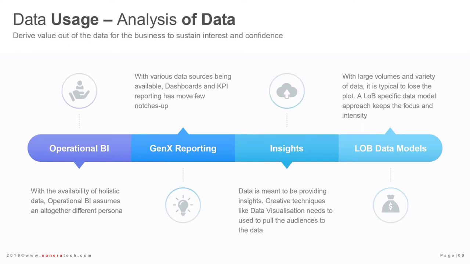The first one is operational BI. What is operational BI? If you see, I have to make certain decisions in order to do my job, which happens as you go through, right? This is what we call near real time or real time reporting, and this is where operational BI will play a larger role.